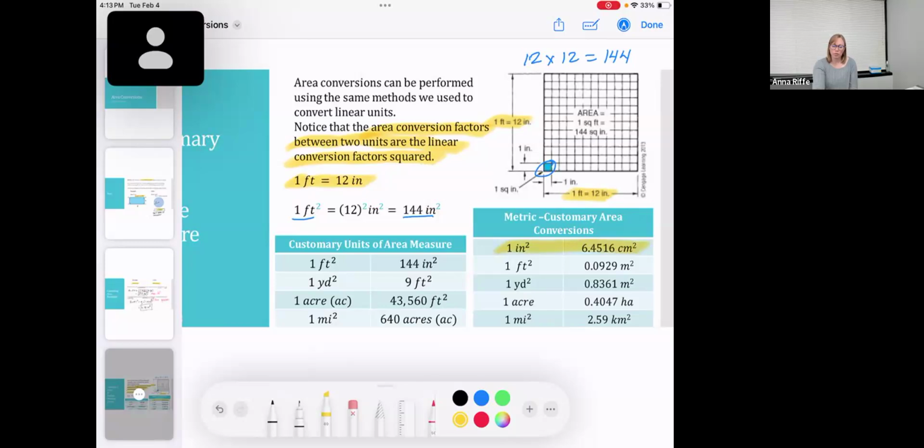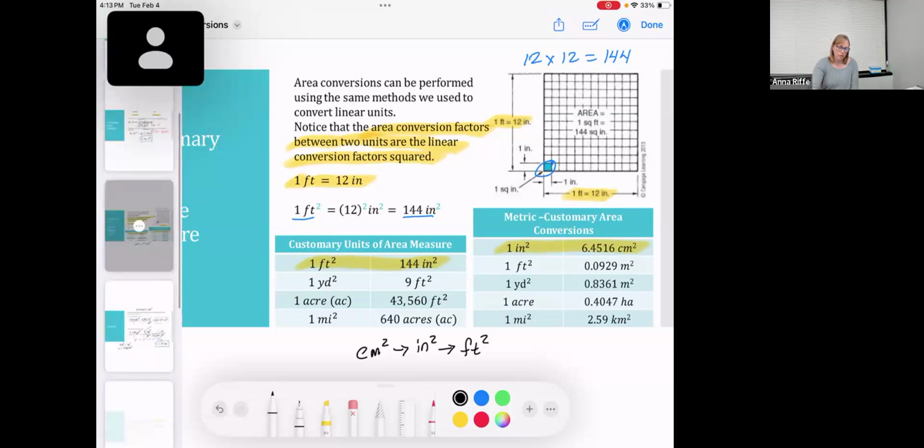But I do have a way to go from centimeters to inches and then inches to feet. So I think that's the path I have to take. I'm going to go from square centimeters using square inches as my intermediate unit and then ending with square feet. I think that's doable.